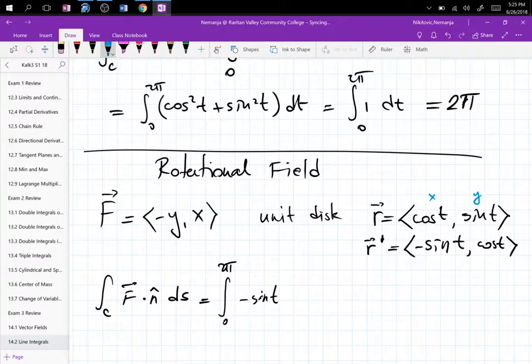Yeah. So we have f times y prime. So f is negative y, so that's negative sine t, and then I need y prime, which is cosine t.